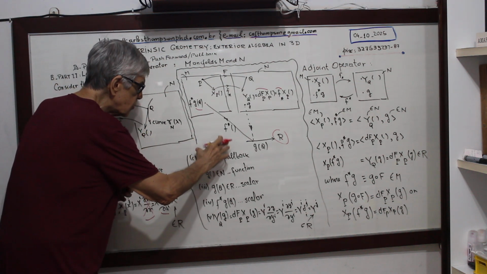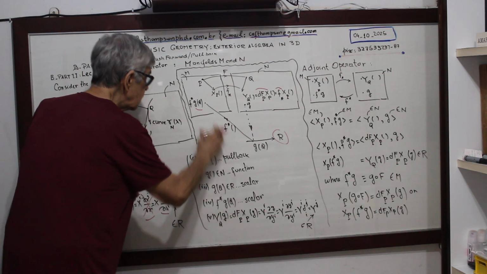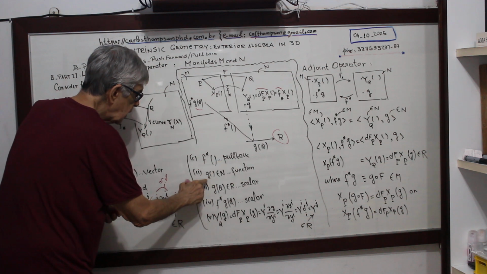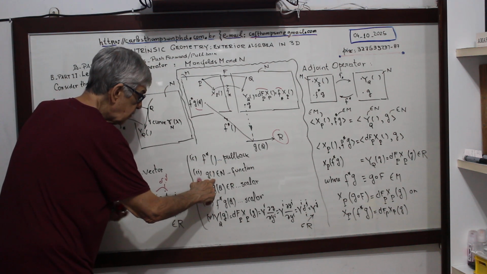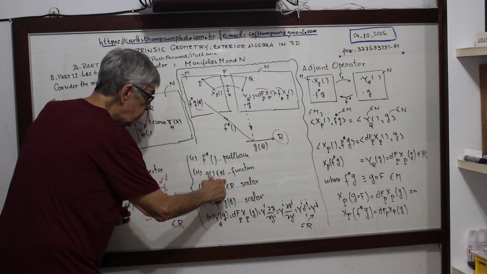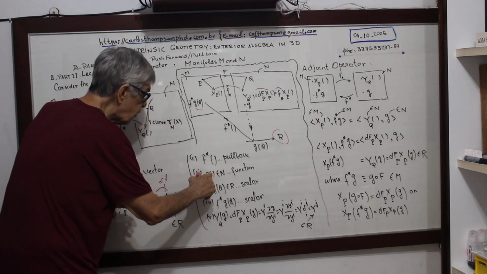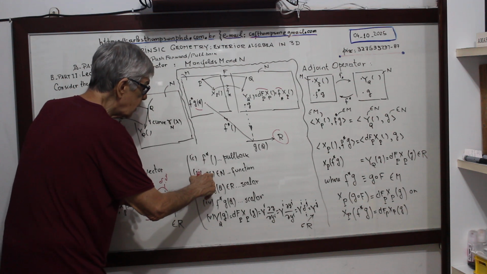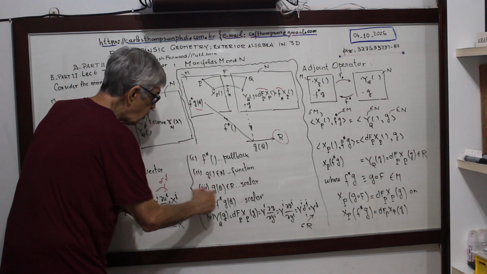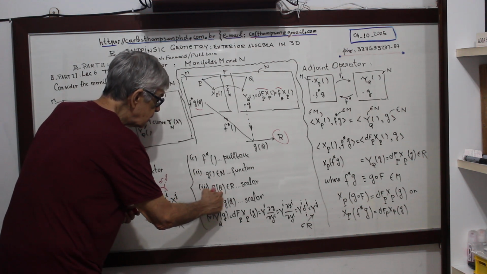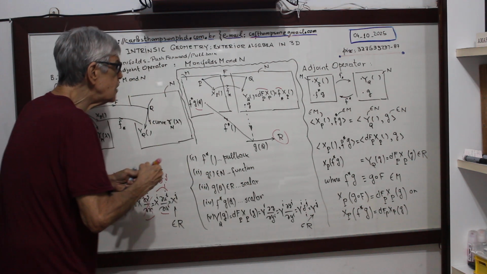I'll expand and explain each one of these. You see, this is pullback. This G, the function, belongs to N, but if I have a point over here, then G of Q is a scalar. It's easy.